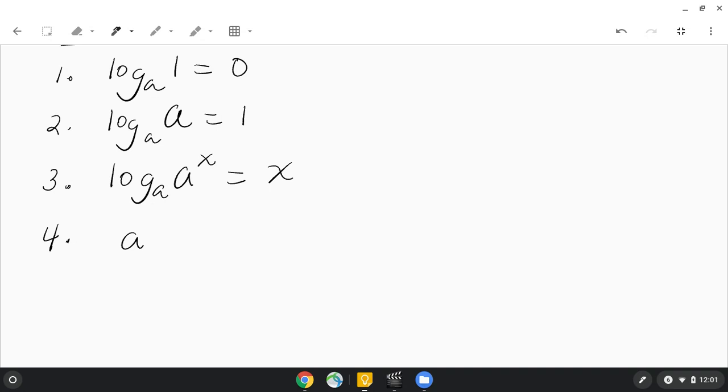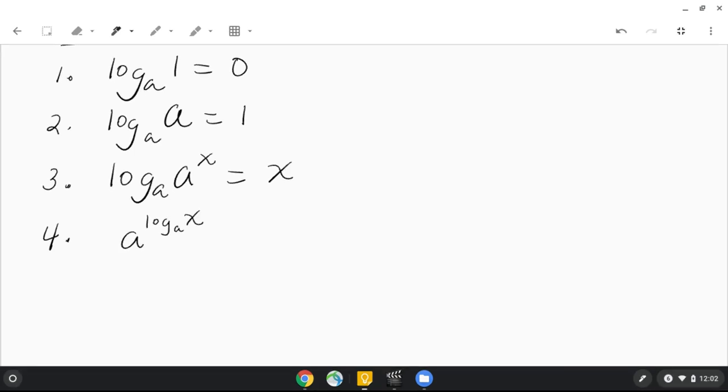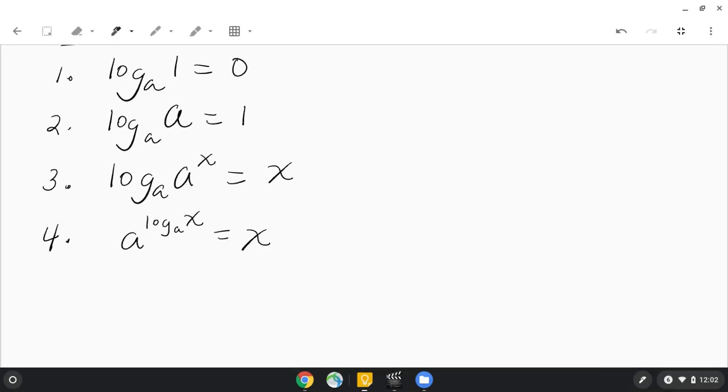So this one says a to the log base a of x equals x. So at the very beginning of the section, I talked about how exponentials and logs are inverse functions of each other, right?